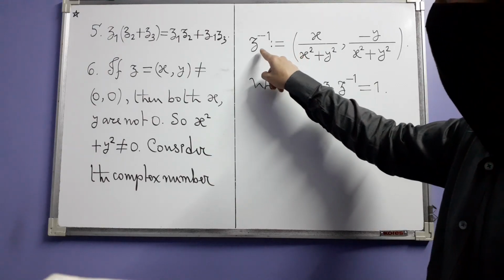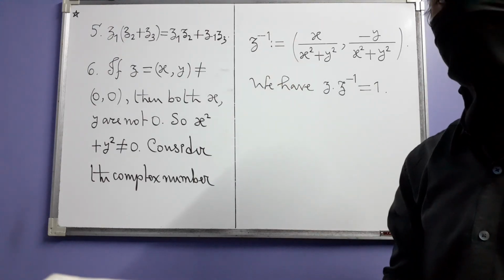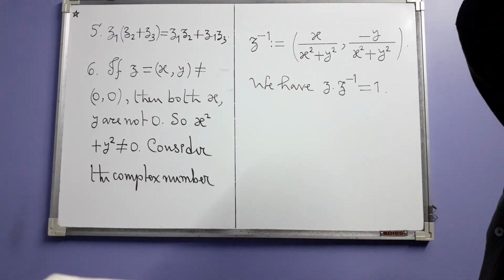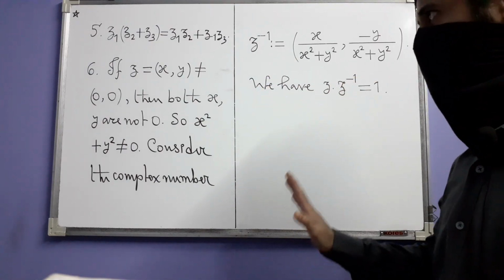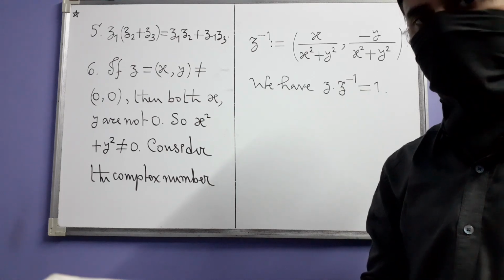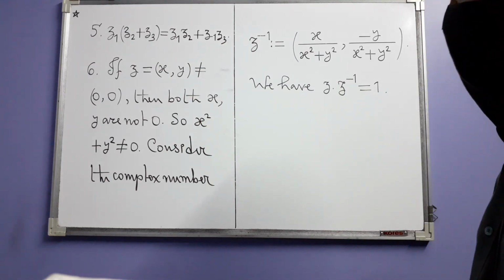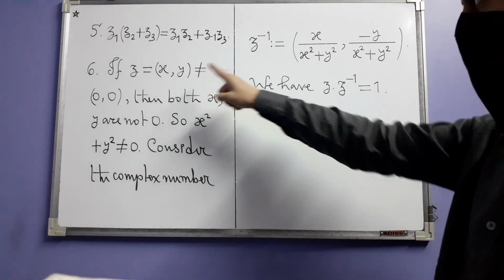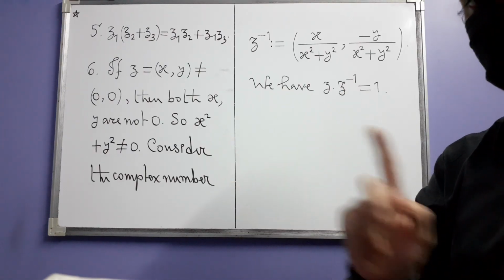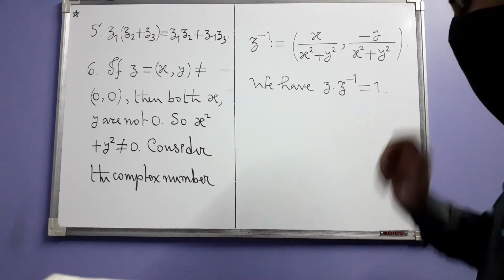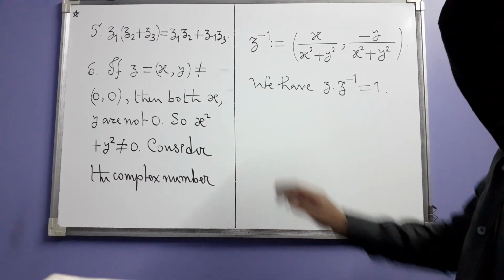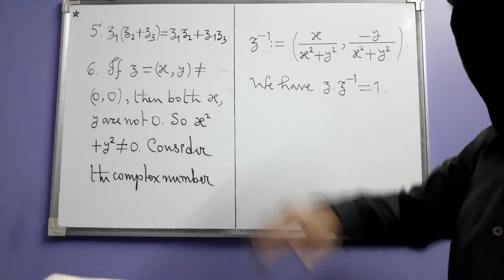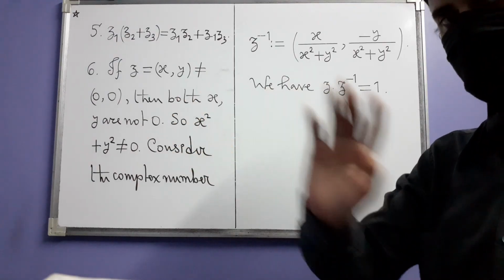And we have given it a name, z to the power minus 1, or z inverse. So this complex number can be considered only when z is non-zero. And it turns out that if you multiply z and this using the definition of complex multiplication, you get 1, and this 1 is (1, 0). So this is called a multiplicative inverse of z.